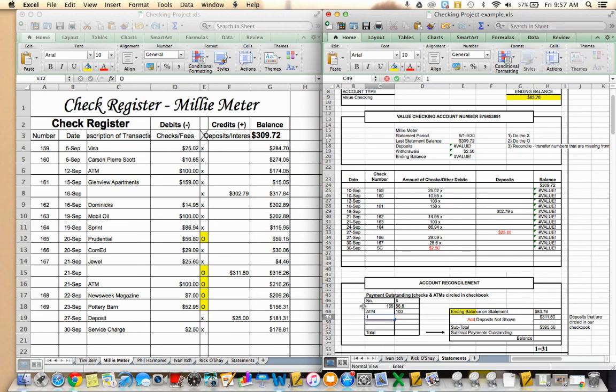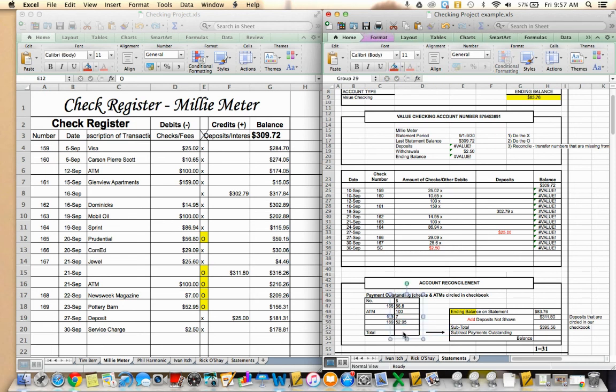So I'm going to write 168, and the check was $7. And then we have check 169, again coming from here, and $52.95.